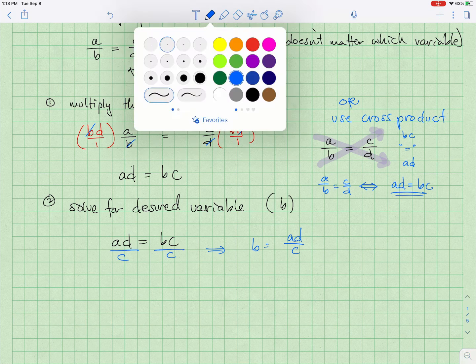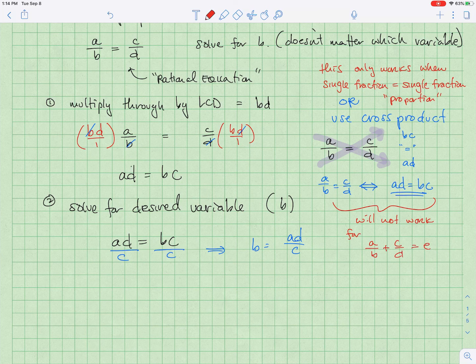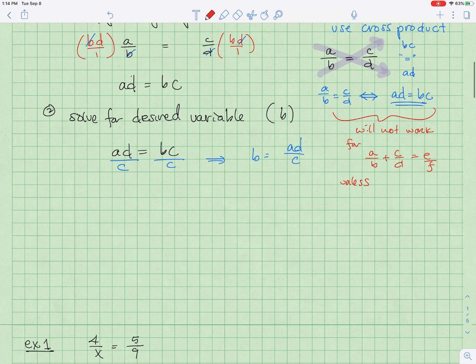So, warning, this only works when you have a single fraction equal to a single fraction. That is to say, by definition, you have a proportion. It would not work for A over B plus C over D equals E over F unless you get a common denominator first.